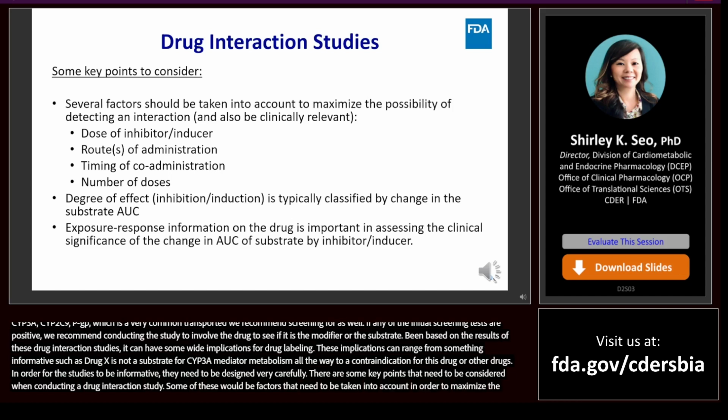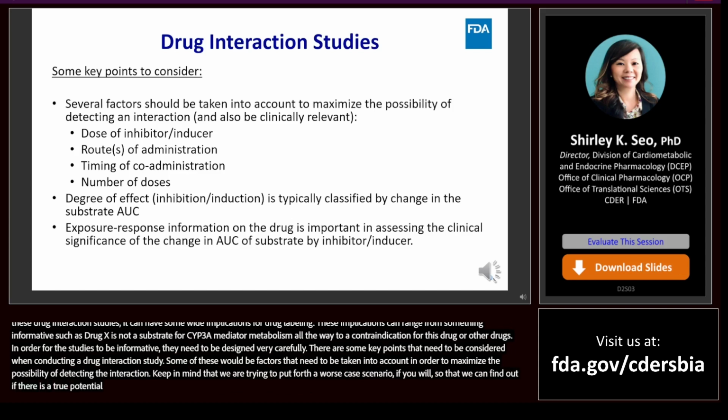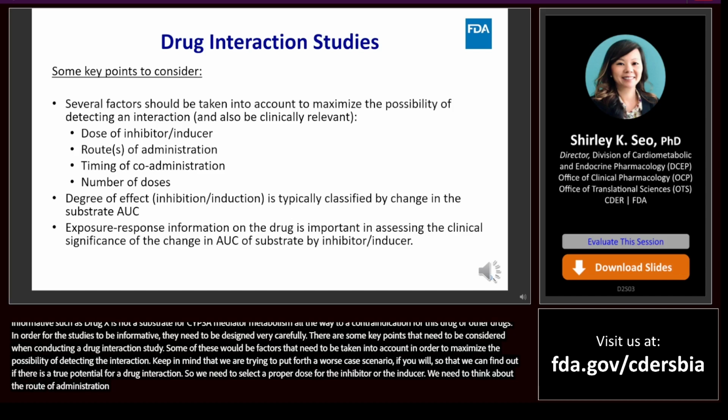So keep in mind that we're trying to put forward a worst case scenario, if you will, so that we can find out if there is a true potential for a drug interaction. So we need to select a proper dose for the inhibitor or the inducer. We need to think about the route of administration, the timing of the co-administration of the 2 drugs, as well as the number of doses to be given of each of the 2 drugs.